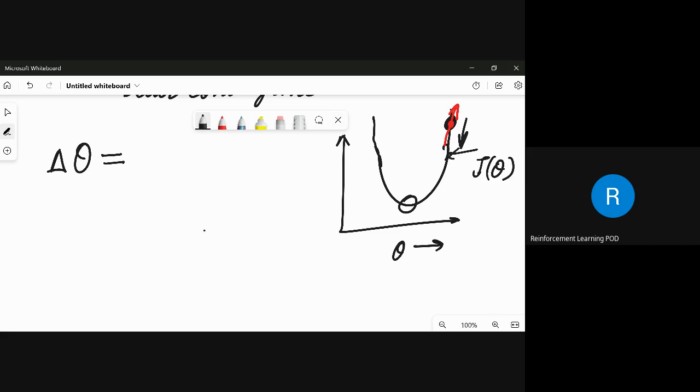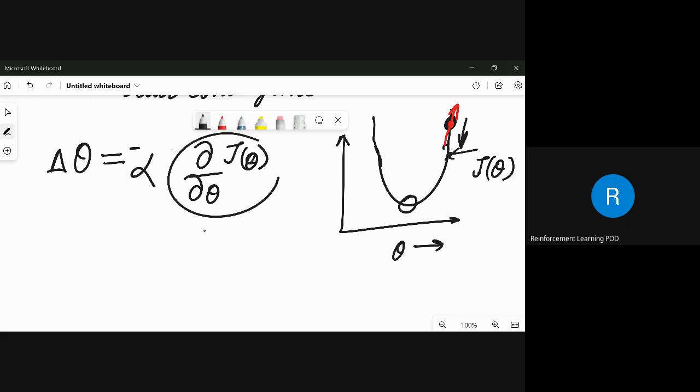Not update rule maybe, but alpha, and there is a minus sign over here because this is the quantity which is going away from the minima where we want to reach, and that's why we put a minus sign over here. Okay, so this is what your change in theta looks like.